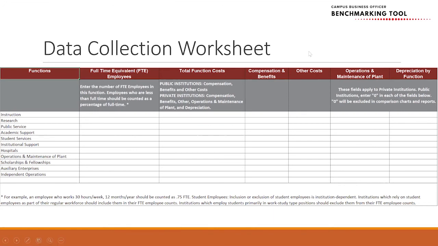So these last 2 columns, operation, maintenance, and plant, and depreciation, are strictly for privates, so that in the data reporting, we can make sure that we're comparing like data across institutions. So, if you want to compare both publics and privates in your peer list, you can do that safely because we've accounted for the differences in the accounting by the way we collect this.